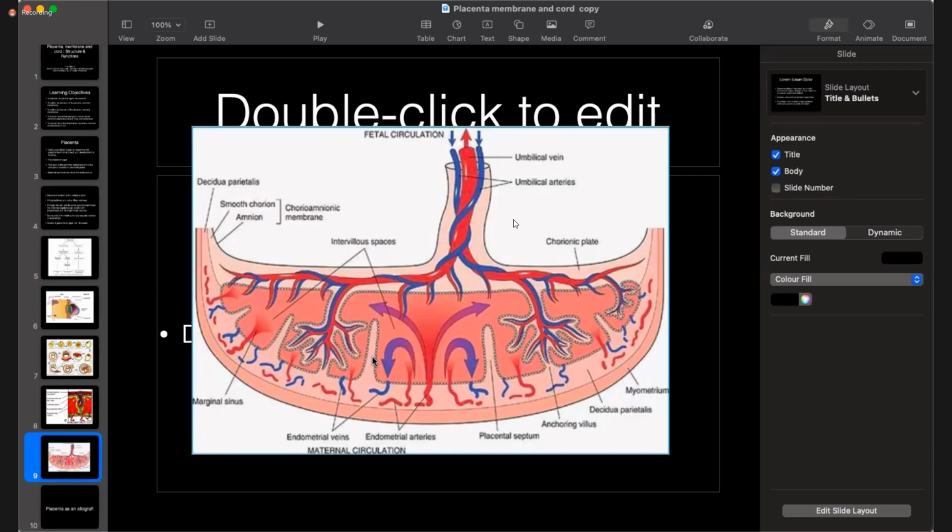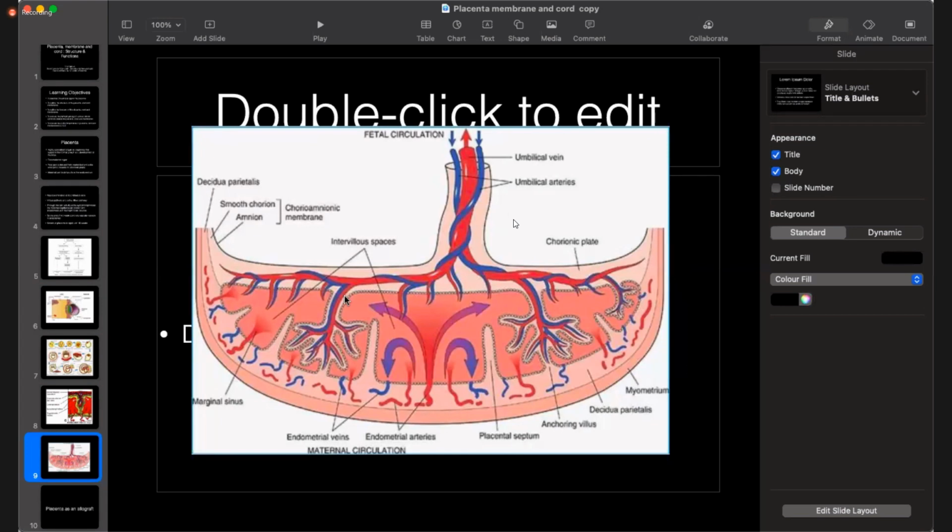Once the placenta is delivered, we have to check whether all structures have completely come out. The membrane should be there, the small placental membrane covering the placenta, and the cord should have completely come out. Also the placental cotyledons: the midwife will separate all these cotyledons, keep them in the hand, and see whether all cotyledons are there.